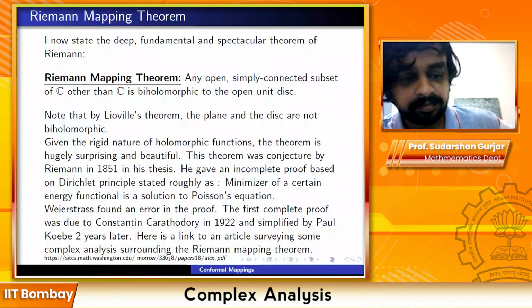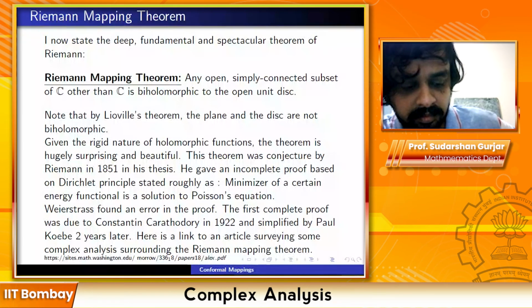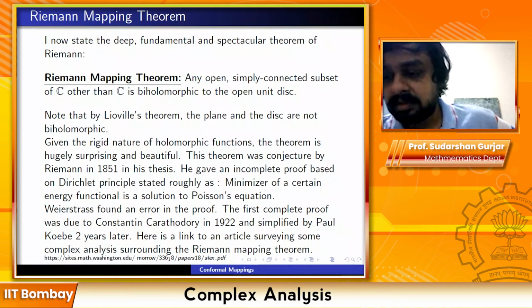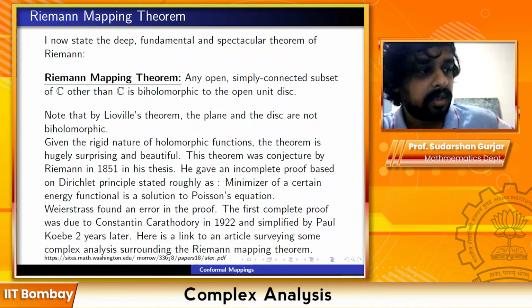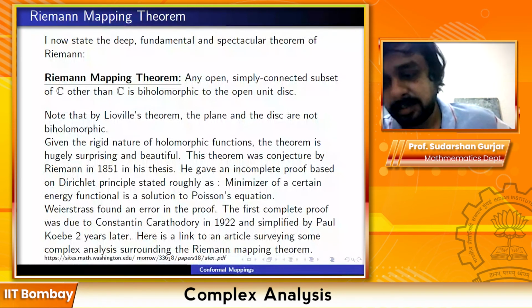Just a confirmation, C was excluded in the Riemann mapping theorem because of Liouville's theorem, right? Yeah. What about stuff like quadrants or sectors, which also tend to infinity, but are bounded in angle? An arc from 0 to pi by 4 going to infinity, for example. Right, but that's the point.